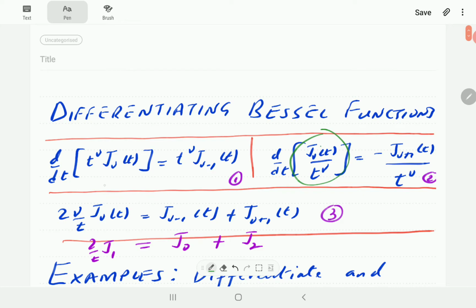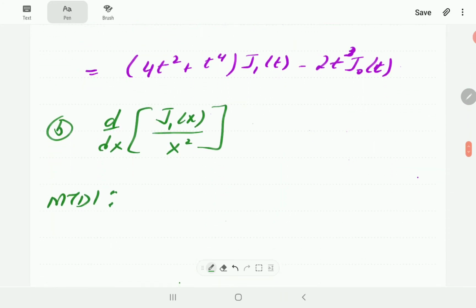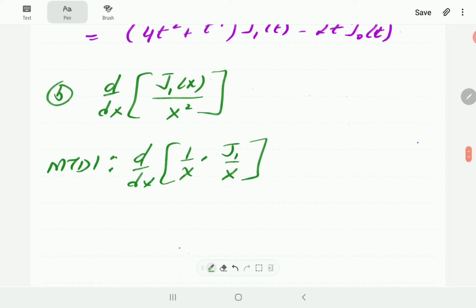And then in the second case, we're going to use this one here. Notice in both cases the power needs to be the same as the index of the Bessel function. So in the first case, we're going to write this as 1 over x times J1 over x. And then by that second identity, we can differentiate that.